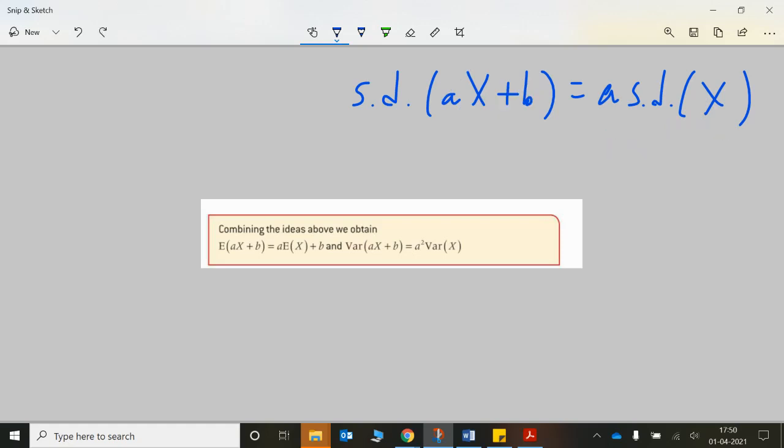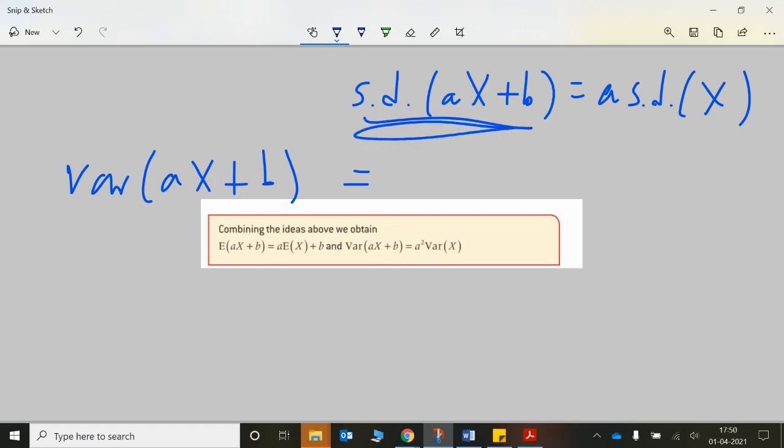Now, if that's what happens to the standard deviation, then remember the variance. If I wanted the variance of both of these things, the variance of ax plus b is going to be the square of its standard deviation.